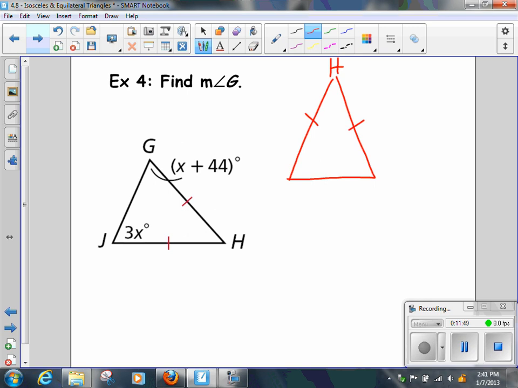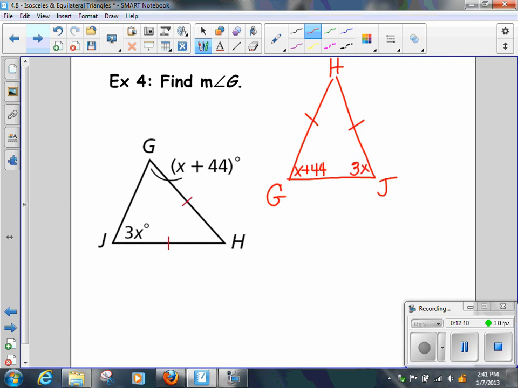So J will be here, G will be here. You guys, all you have to do is turn your paper. I can't turn the smartboard. So G is X plus 44, J is 3X, and we've got to find the measure of angle G.